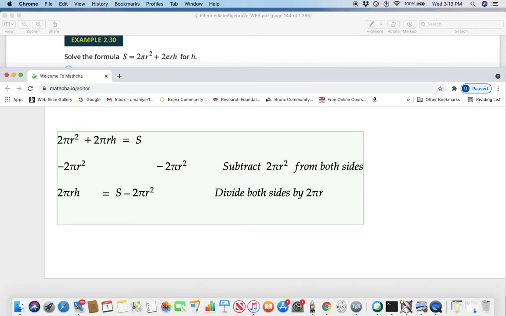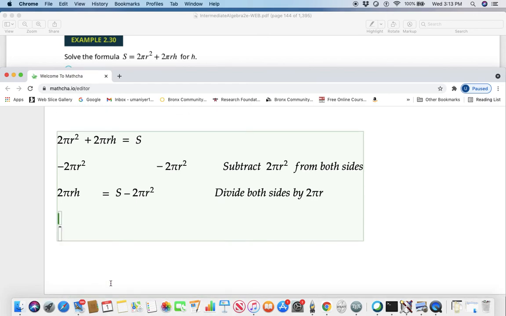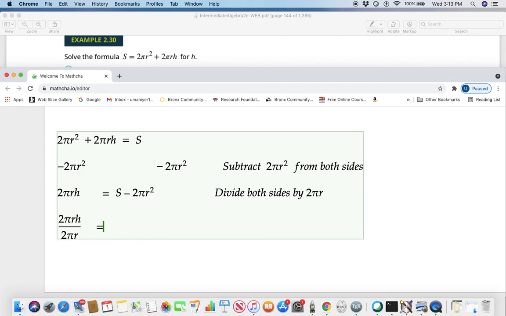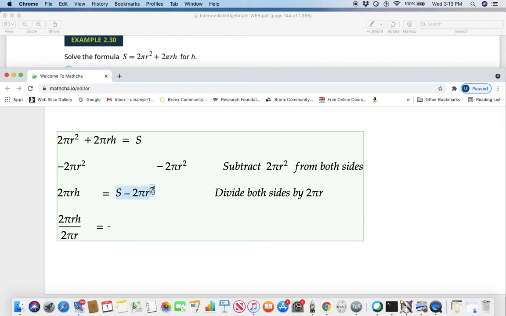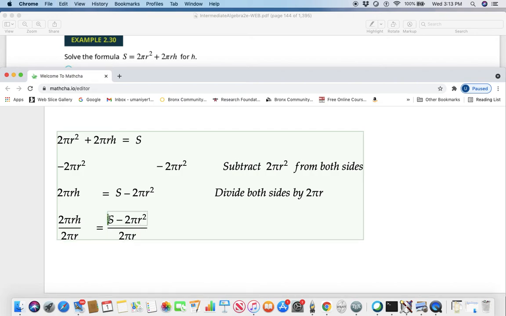So what do we do? 2 pi r h over 2 pi r equals s minus 2 pi r squared, an entire expression over 2 pi r. Be careful, this does not cancel this, because we are dividing by an entire expression.